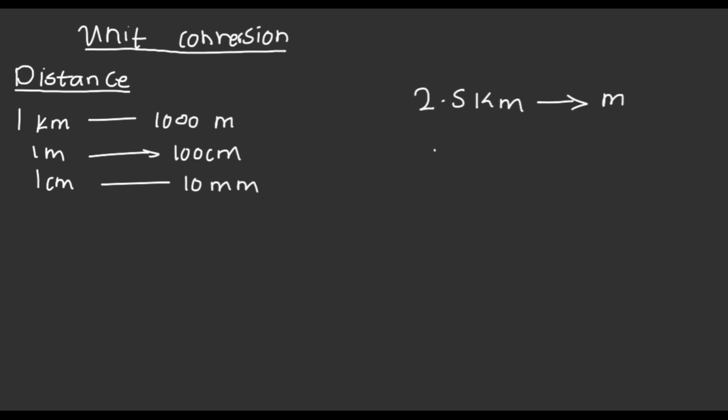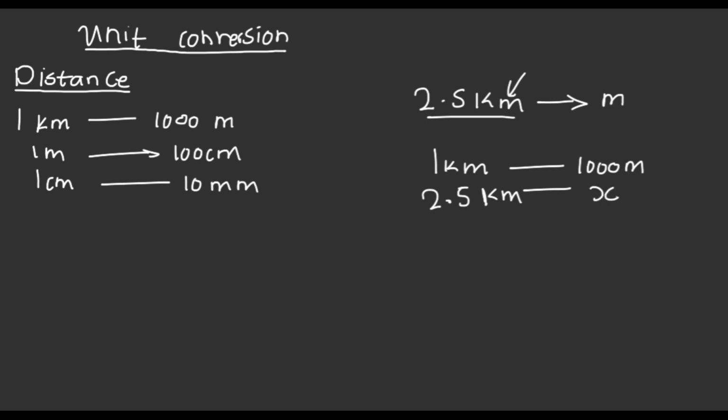We know that 1 kilometer is equal to 1000 meters. Since it's in kilometers, we put the 2.5 kilometers where there is a kilometer. So 2.5 kilometers is equal to x, then we cross multiply.